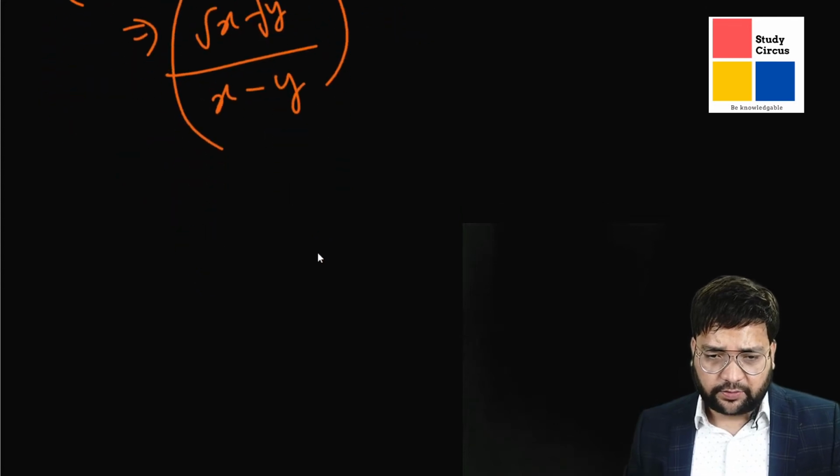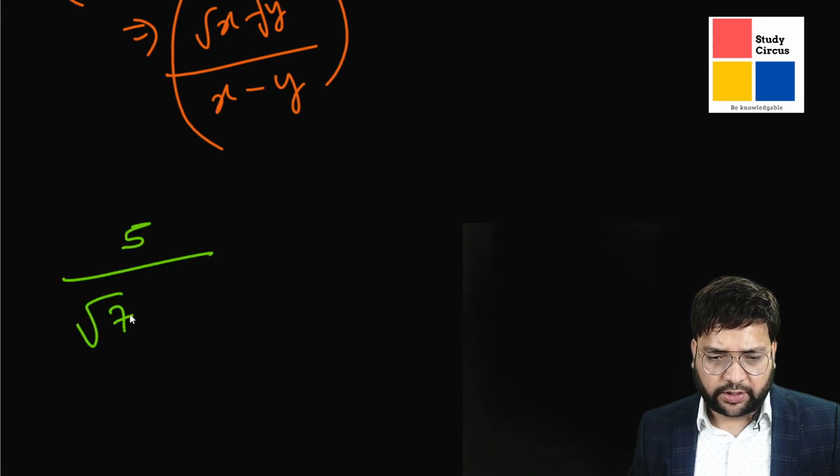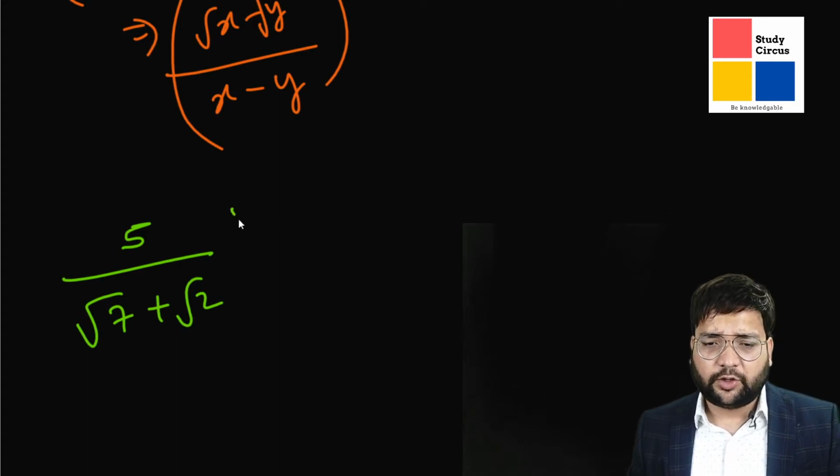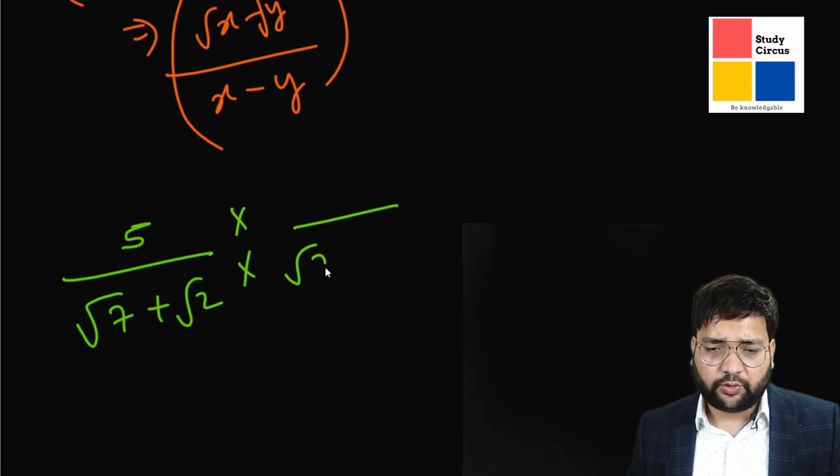Now rationalize the denominator for this, let's say 5 upon root 7 plus root 2. How to rationalize the denominator? Simple: multiply by root 7 minus root 2 upon root 7 minus root 2.